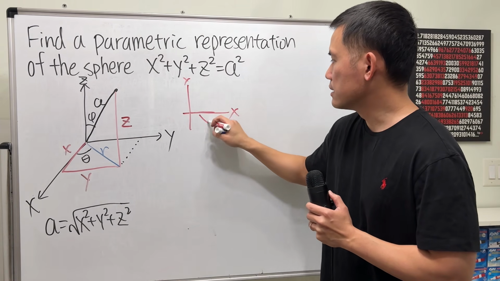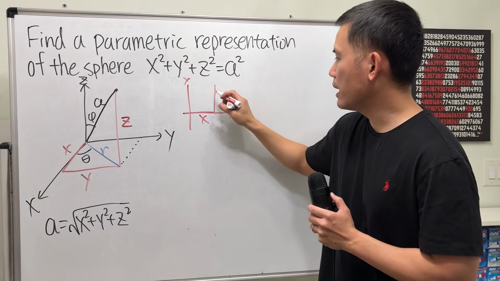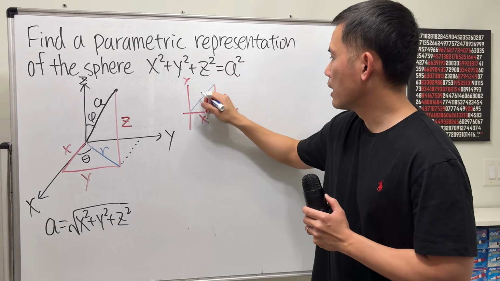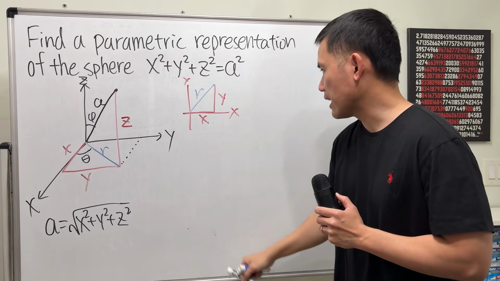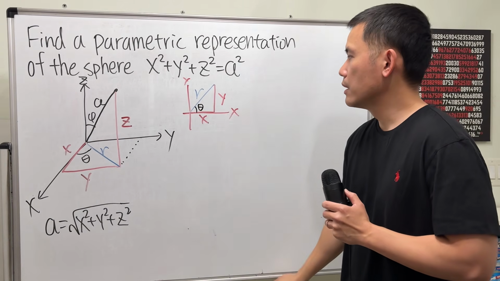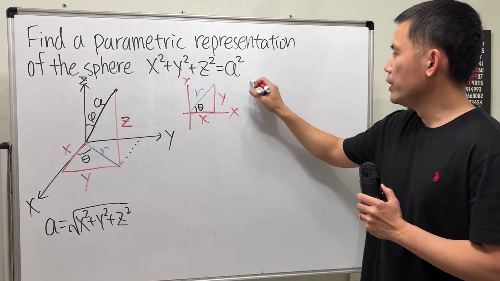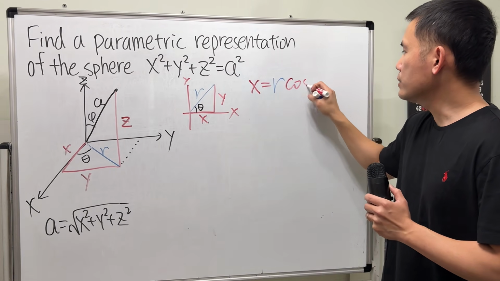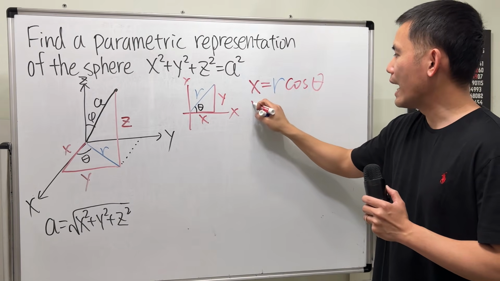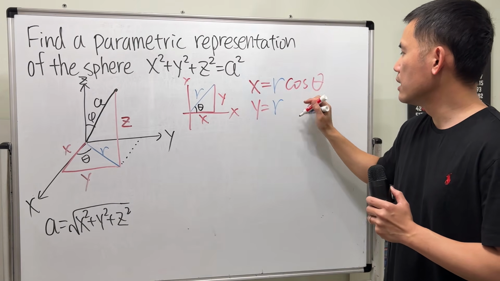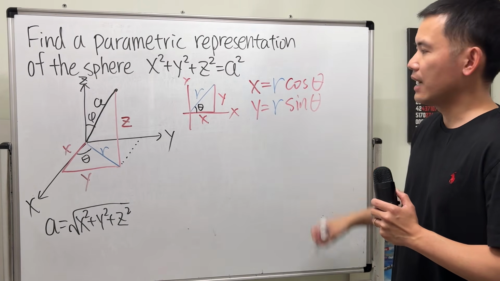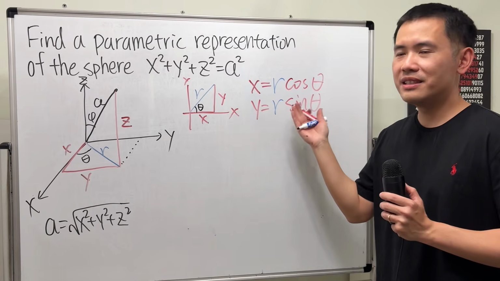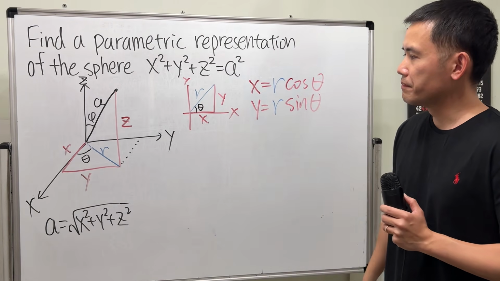This is the x distance that we need, and this is the y, and here is the r. And we have the angle theta here. Now, based on this, we know that x is equal to r times cosine theta, and then y is equal to r times sine theta, right? The classic polar coordinates conversion.